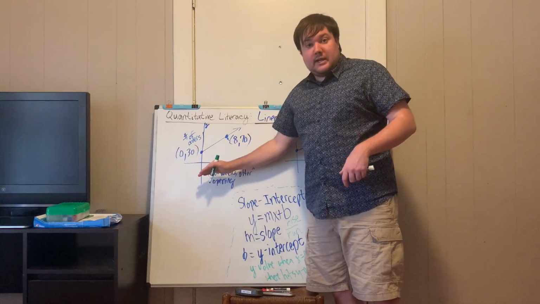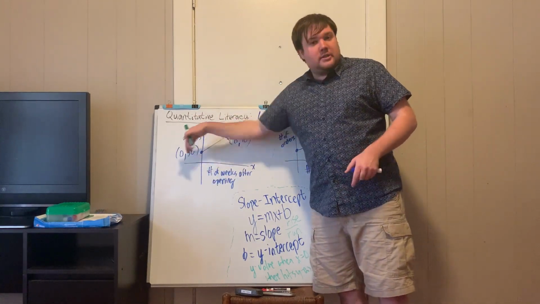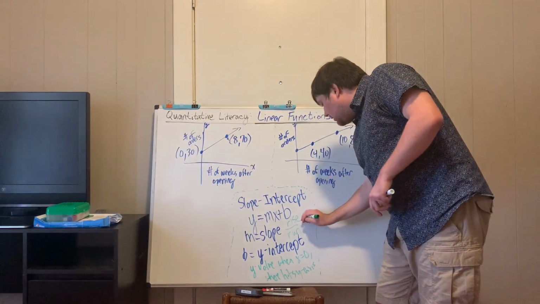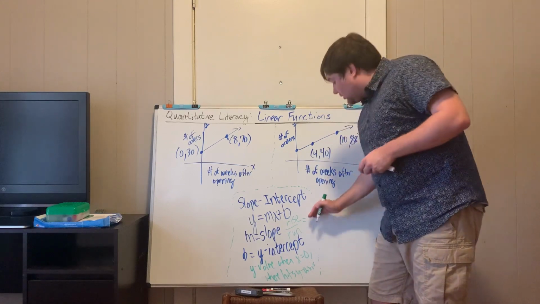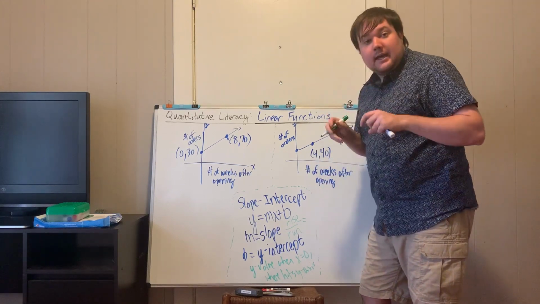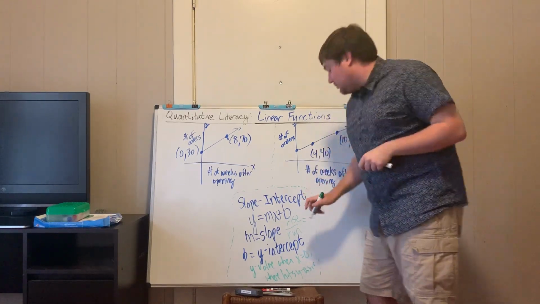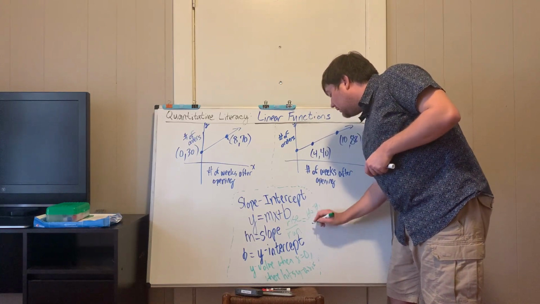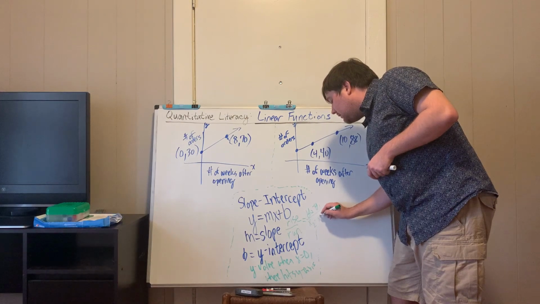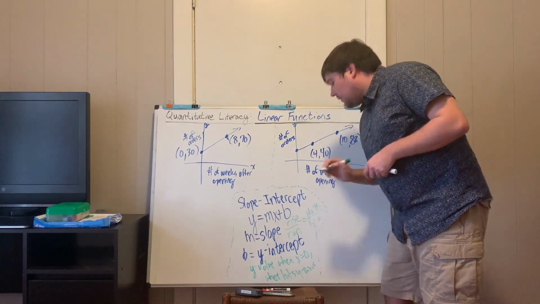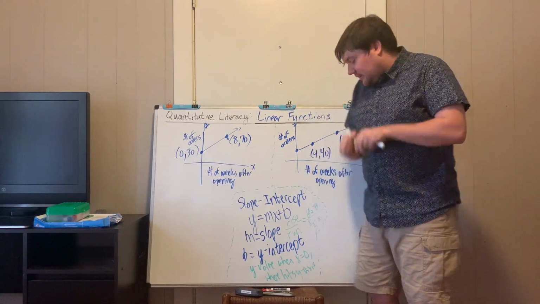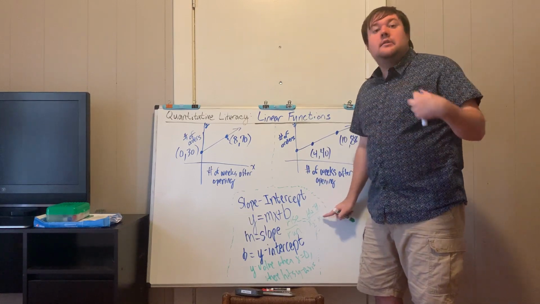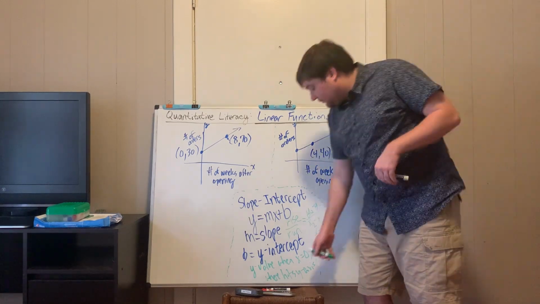How much does it go up and down divided by how much does it go left and right. And so a common equation that you'll use in this case is you're going to look at the change in y, like y2 minus y1, and you divide that by x2 minus x1, the change in x. So change in y over change in x.